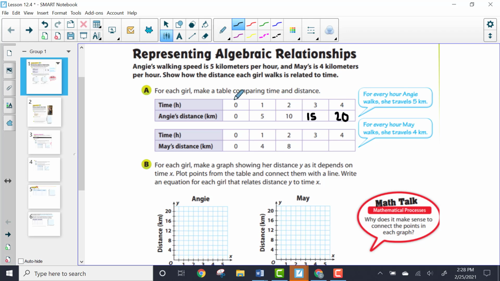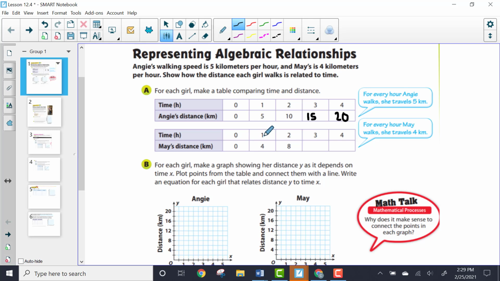How do we know that? For every hour, it's 5 miles. So what's happening to x, or the time? It's being multiplied by 5 in order to get the distance.